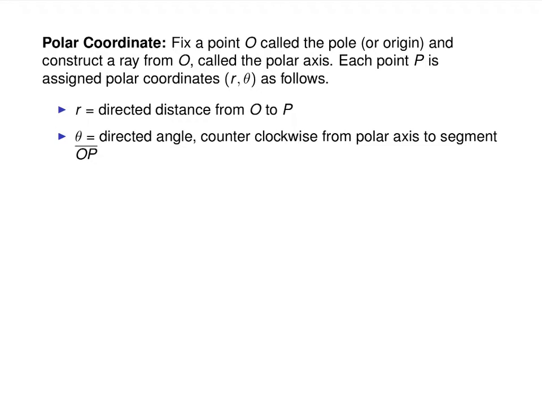So you fix a point O called the pole, which corresponds to like 0, 0 in the regular system, the origin. And then you construct a ray called the polar axis. So there's your pole, here's your polar axis kind of is like the positive half of the x-axis. And each point P is assigned coordinates r theta as follows. So r is the directed distance from O to P. So if I have my point P there, r is how far away, like as in, away is out.